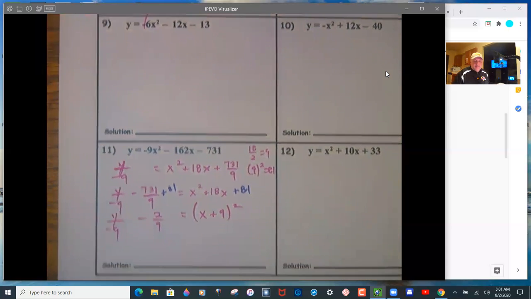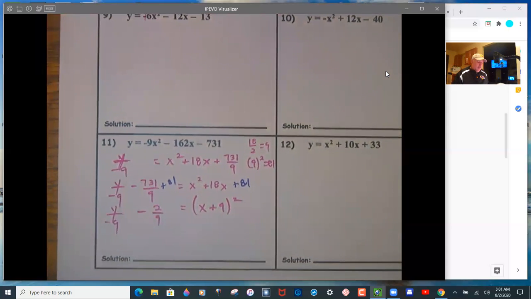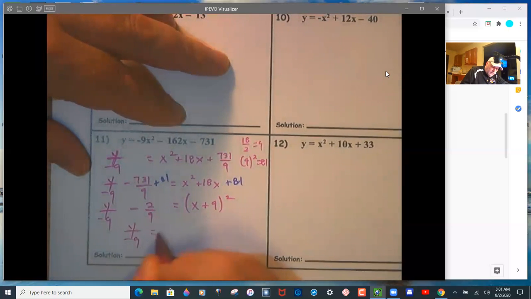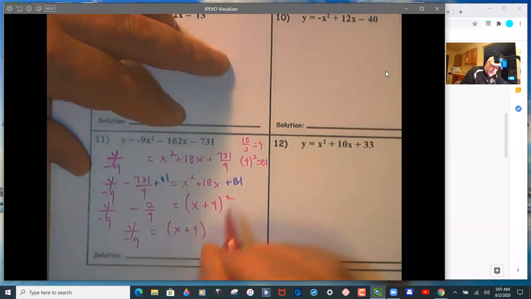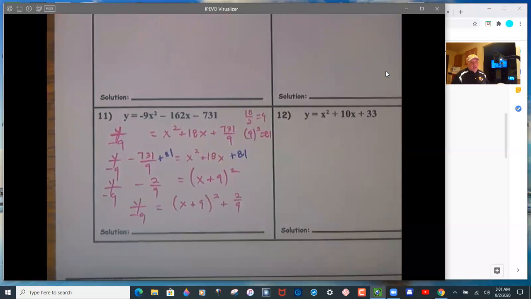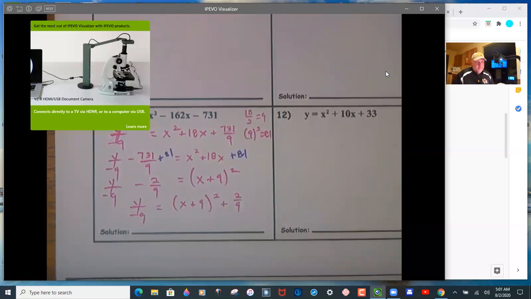That's what all of that simplifies into. And now you add 2/9. And this is definitely stuff that you want to check out. Did I do this right? Check the answers, because this is, I mess this up a lot.